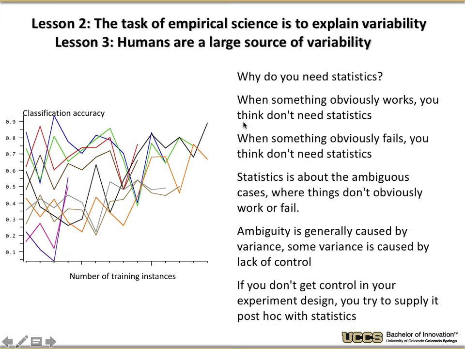if we had two curves and they were perfectly well separated, we don't really need a lot of statistics to draw conclusions. If everywhere one curve is noticeably, measurably above the other, we might decide it's significant. In fact, I can guarantee you there is a statistical test. If I have two curves that look like this, I can tell you a statistical test that will always make this significant.